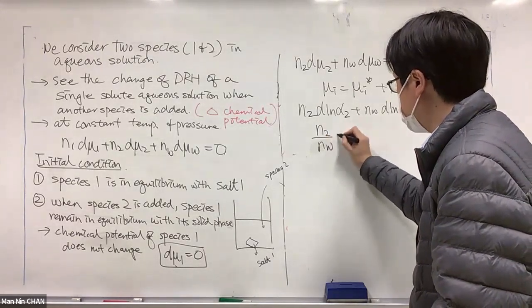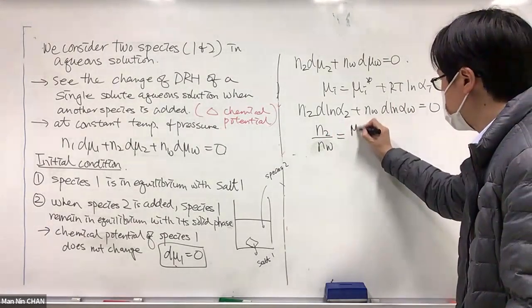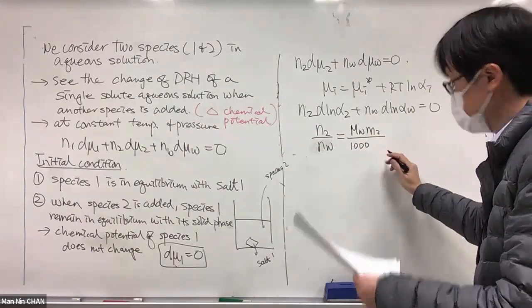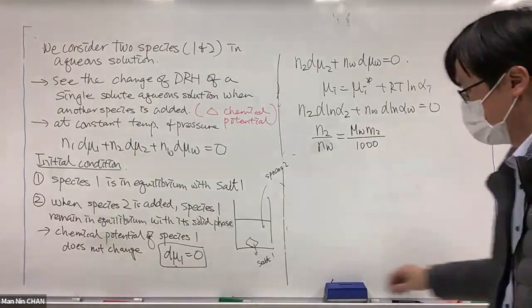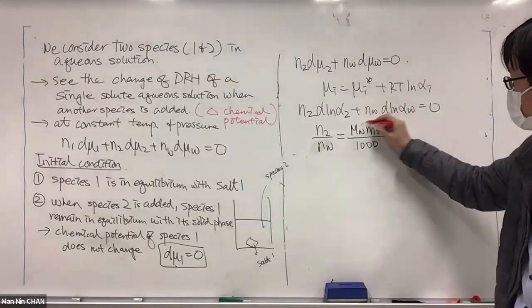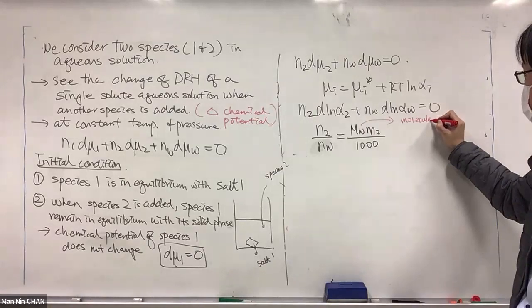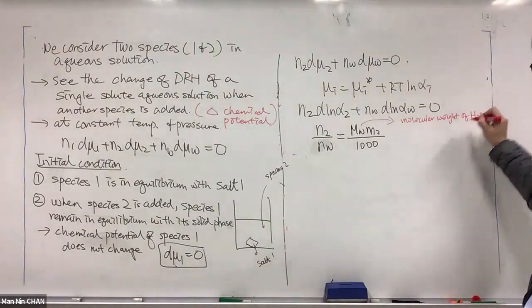So then if I take the ratio of these two, this is the number of moles of my species 2 to the number of moles of my water. I also want to express this in terms of the molality of my species 2. So I will write down the equation like this. This MW is the molecular weight, or the molar mass, of the water molecule.